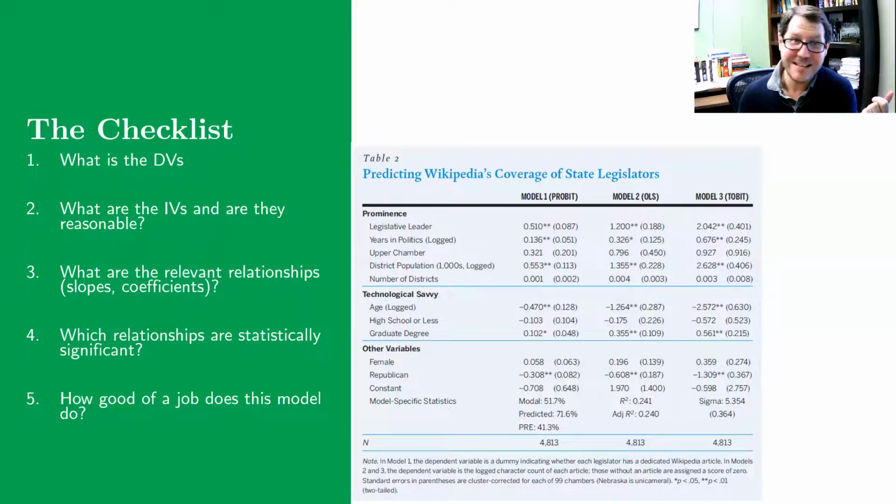And not everything we think matters is something we can get data on easily. I might assume that legislators will have longer Wikipedia articles if they're a blowhard or a narcissist. But I don't have good data on whether a legislator is a narcissist, so it's not going to show up in my analysis.